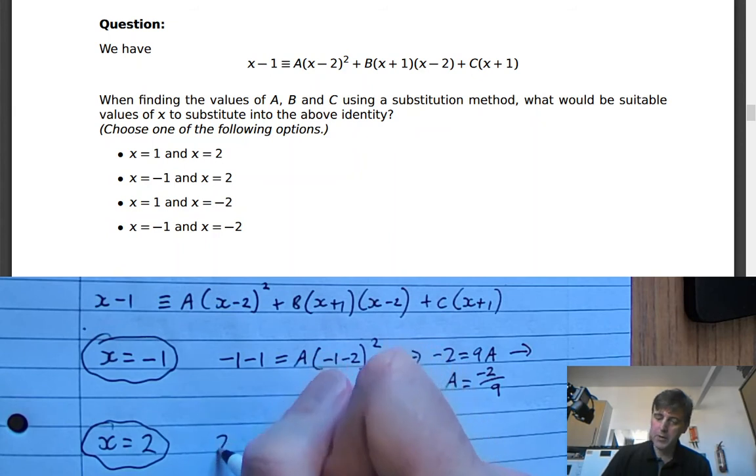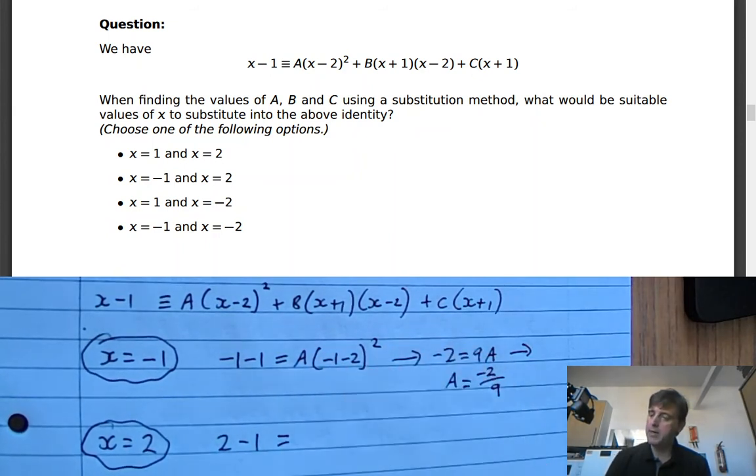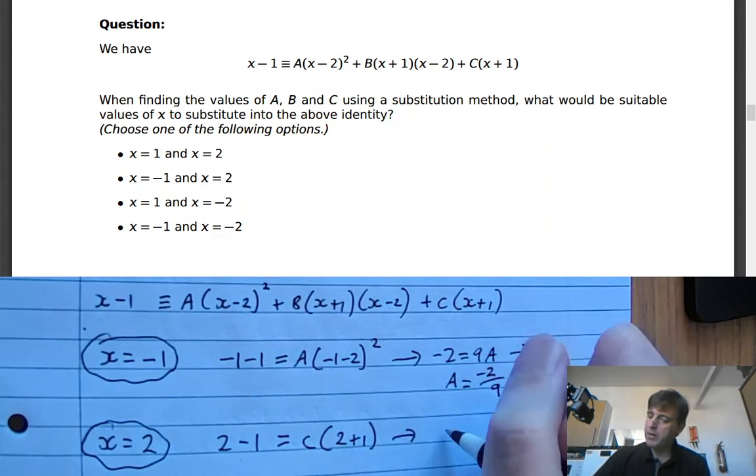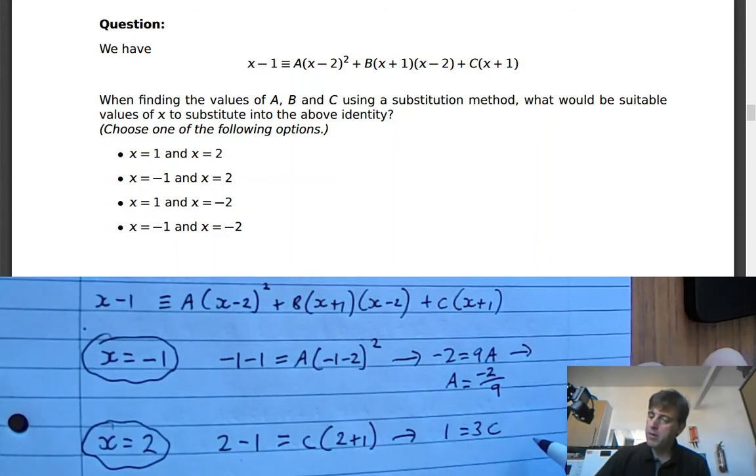So here we get 2 - 1 equals, and then this time this bracket vanishes, this bracket vanishes, so we just end up with the term involving c. x + 1 becomes 2 + 1 here, so this becomes 1 = 3c, and that means that c must equal 1/3.